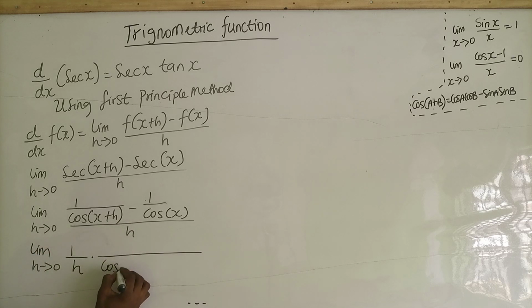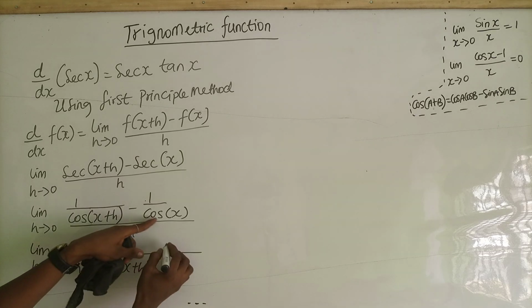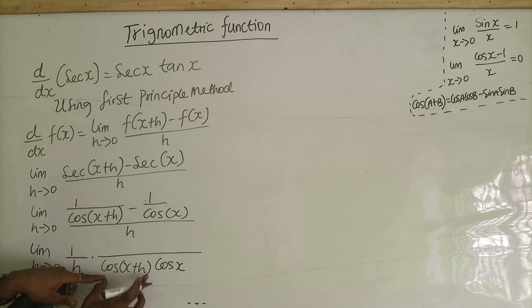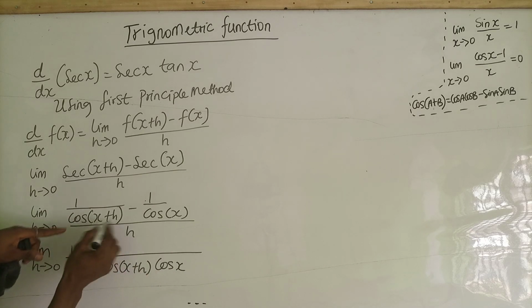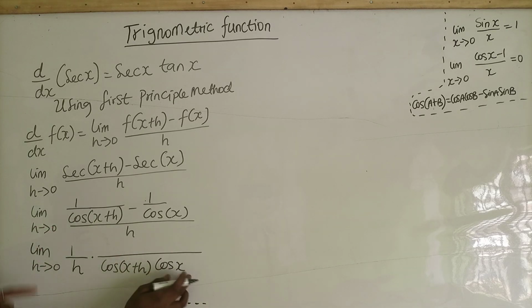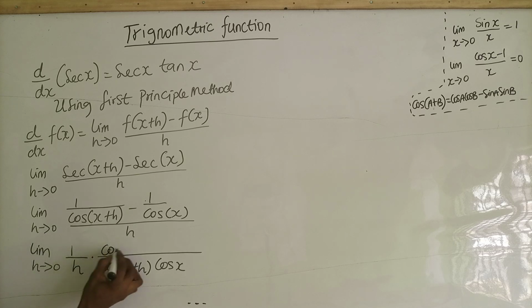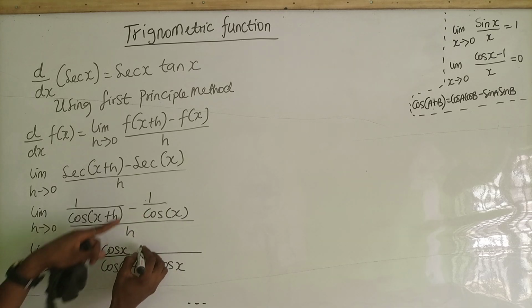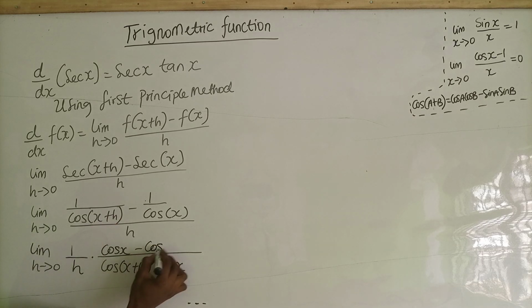The LCM of cos(x + h) and cos x is cos(x + h) cos x. So this thing divided by this one will go, remaining cos x. Multiplying 1 is cos x. This one into this one will go, remaining this one. So you have minus cos(x + h).